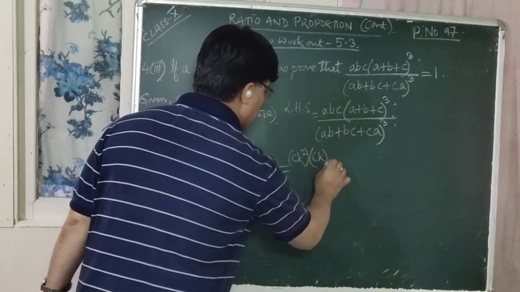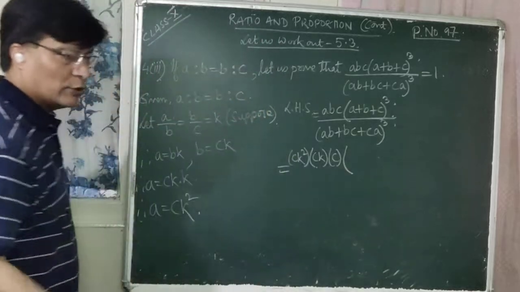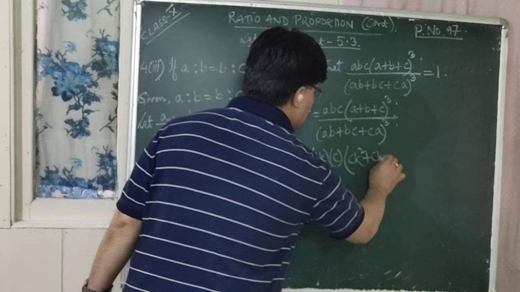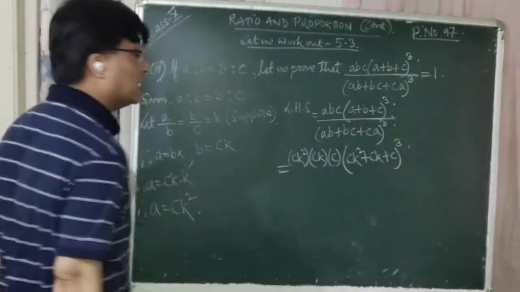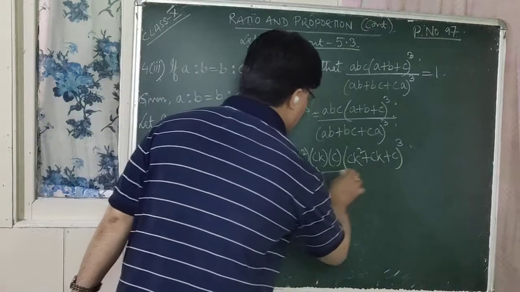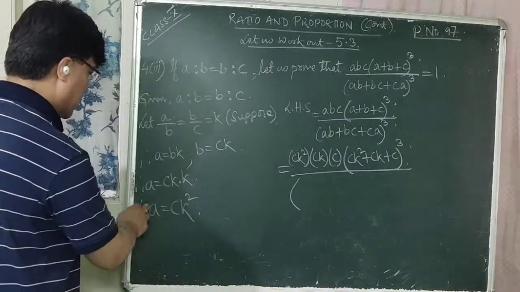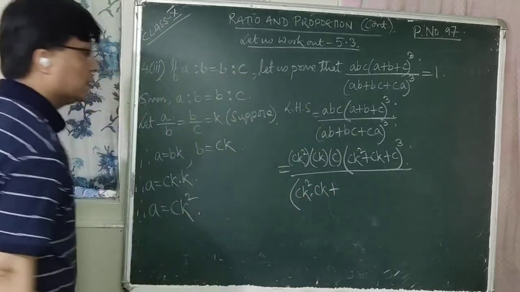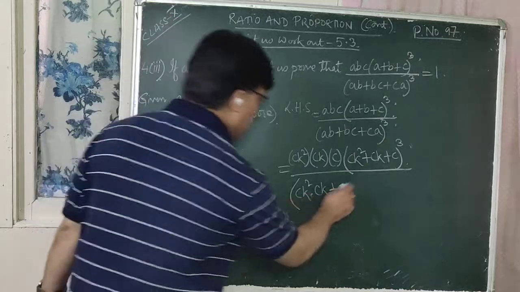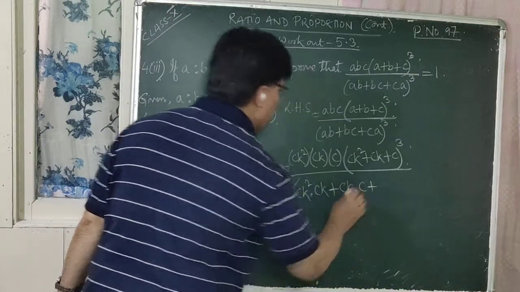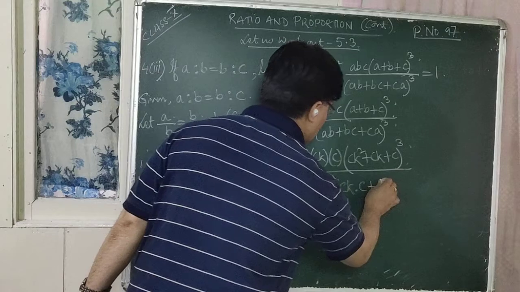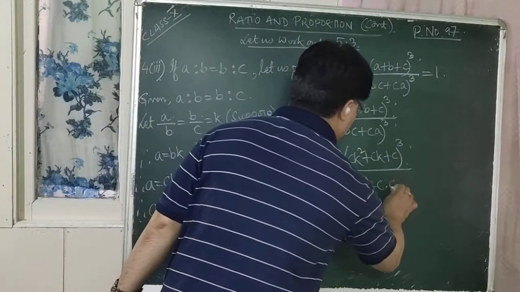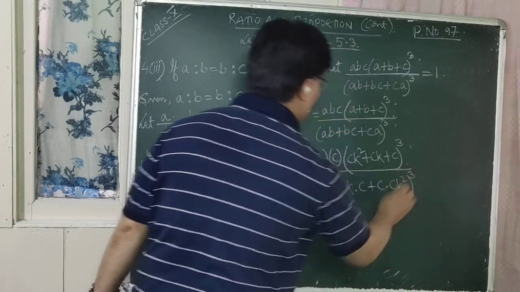CK into C, and within bracket you put the value for A here. What is A? CK square plus B, CK plus C, that is C remains same. Whole divided by, within bracket in the denominator, what is A here? CK square into what is B? CK plus, again what is B? CK into C plus, C remains same, C into what is A? What is A in this case? CK square. So it is (CK square) whole cube.